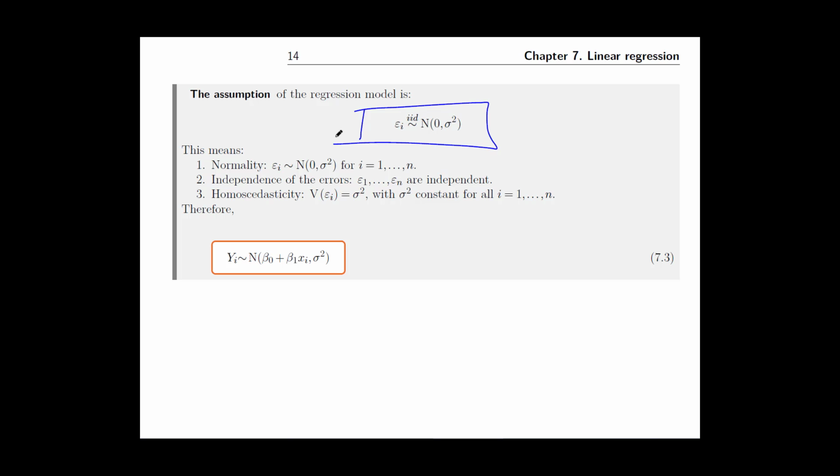The sigma squared doesn't depend on x, on i, or on y, or anything. That's the assumption. So these are the three assumptions that at the end we will have to check. So the strategy will be to estimate a model and then make sure these assumptions are met. All right? Very good.